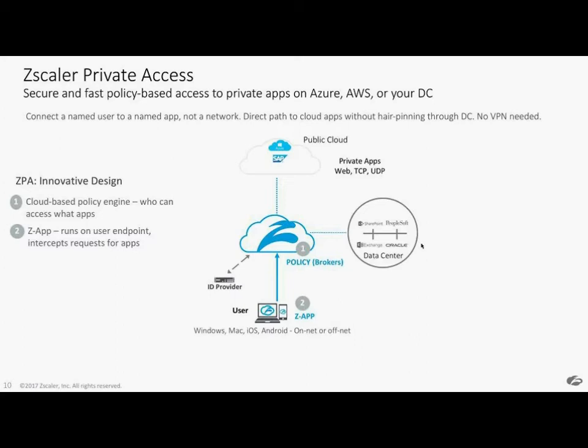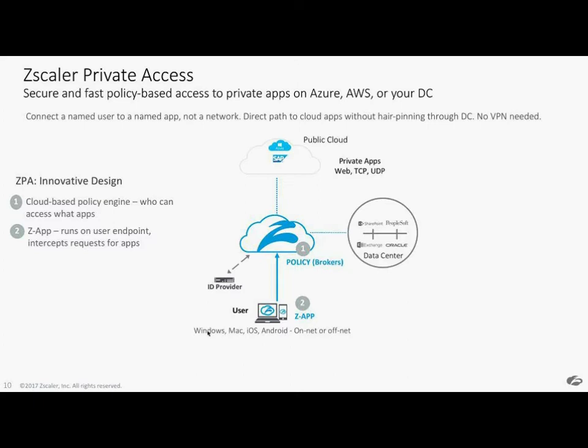On the endpoints, the clients, whether it's Windows, Mac, iOS, or Android, the user has the Zscaler app, and the user is federated into the Zscaler app. There's an authentication round that starts to say, authenticate against your Active Directory using SAML authentication.